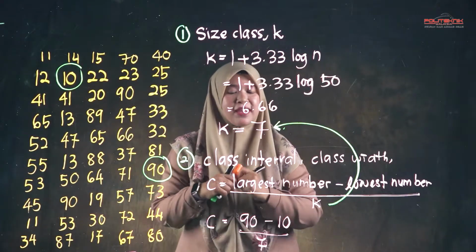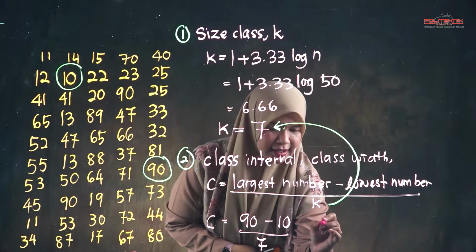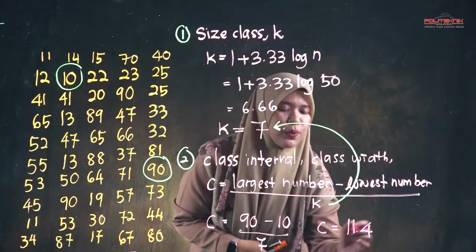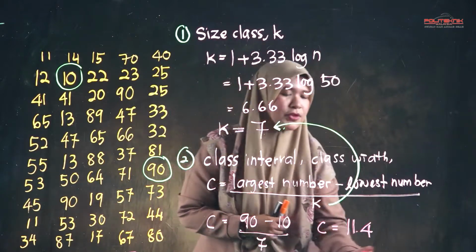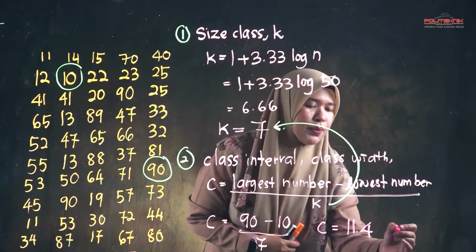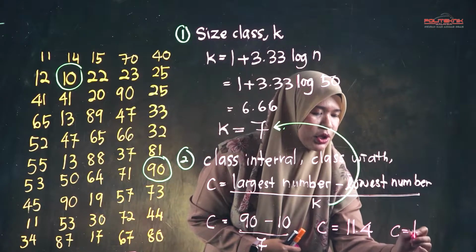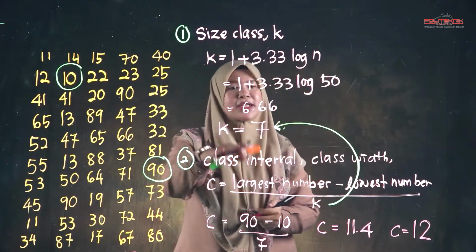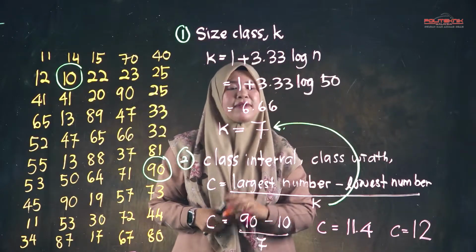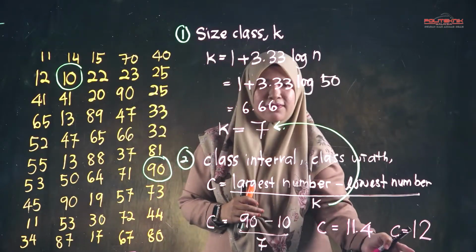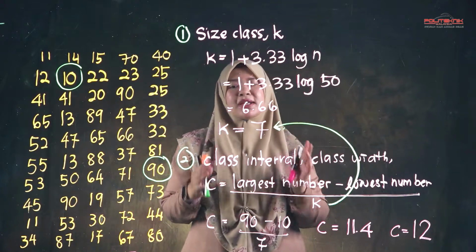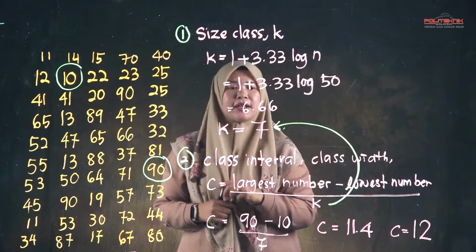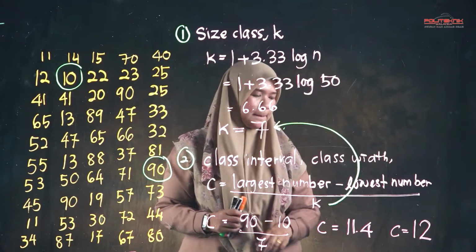Press your calculator and we get C equal to 11.4, and then we round up to the nearest integer, so C is equal to 12. So we have the size class of 7 and the class interval of 12. Right now we have enough information to construct a frequency table.